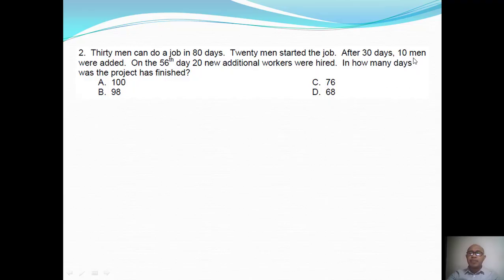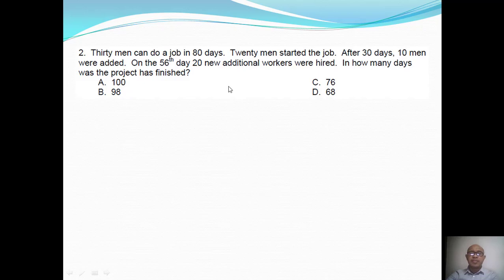Then we have the addition of 10 men after 30 days, then another addition of 20 men on the 56th day. So to answer the problem, we will simply equate the total man-days to accomplish the work to the total man-days on how the job has been accomplished.